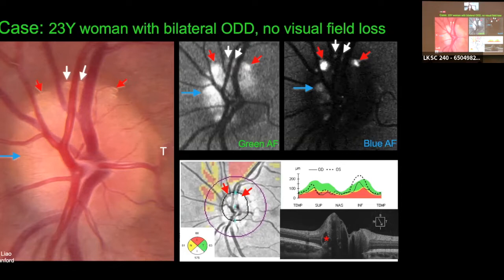There is some thinning of the OCT retinal nerve fiber layer, and if you take a slice, there we go. You can see on the B scan on the lower right a single drusen deposit corresponding to about the 11 o'clock location on the disc itself.